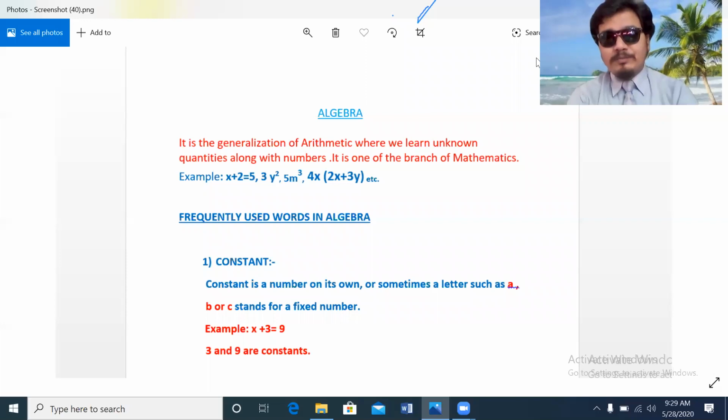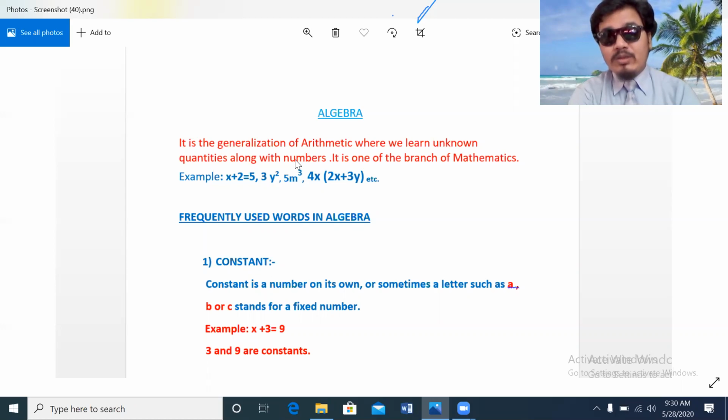First of all, I want to tell you what algebra is. Listen to me very carefully, and you can read these words from here. Algebra is the generalization of arithmetic, where we learn unknown quantities along with numbers.